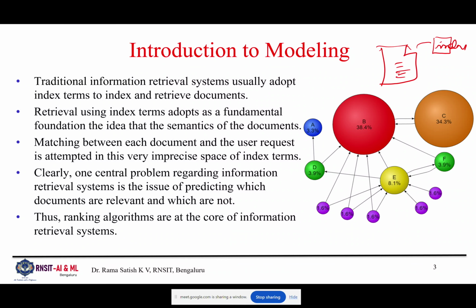So clearly, the central problem regarding information retrieval is predicting which documents are relevant to the query search and which are not. Such a decision usually depends on the ranking algorithm, which attempts to establish a simple ordering of the documents retrieved.